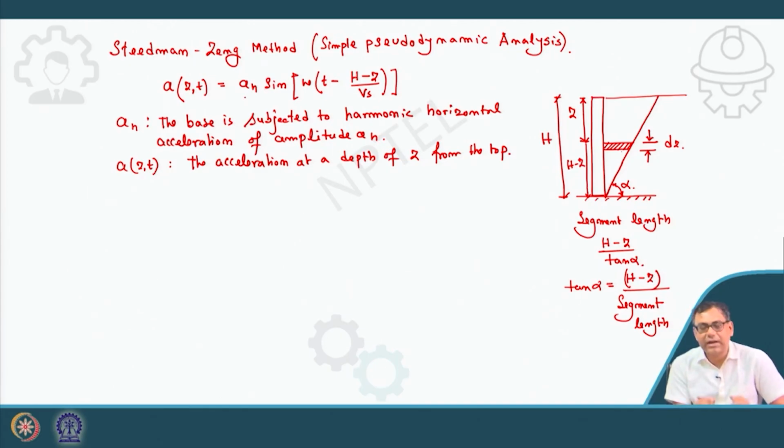That is why we write AH sine omega t minus the travel time required for the wave to travel from the base to that height or depth. The travel path is H minus z and the velocity is Vs, so time equals travel path divided by velocity, where Vs is the shear wave velocity.